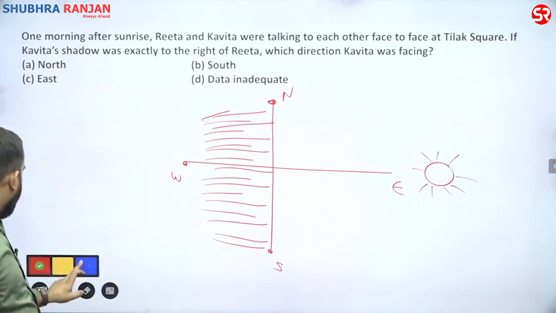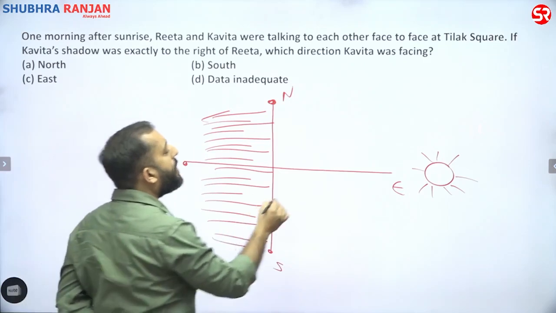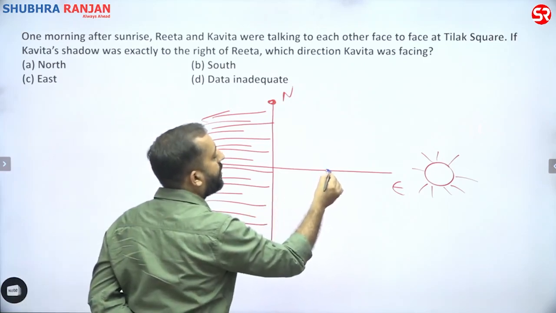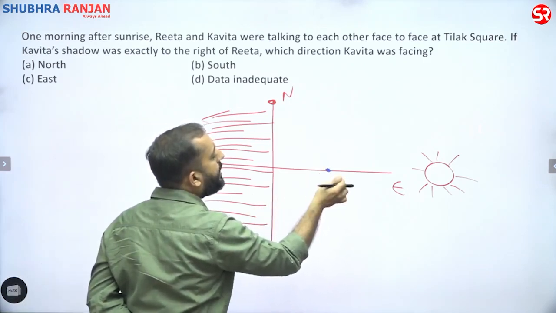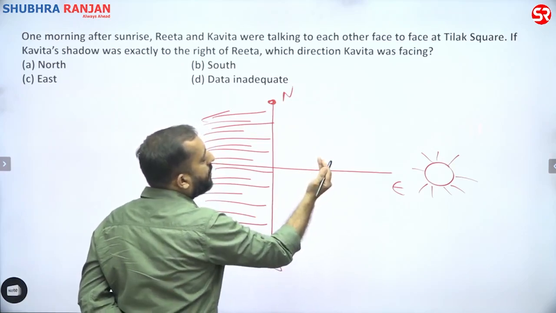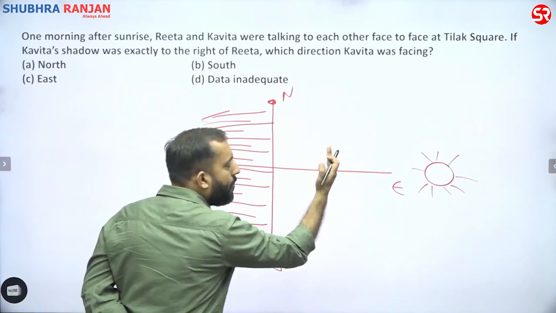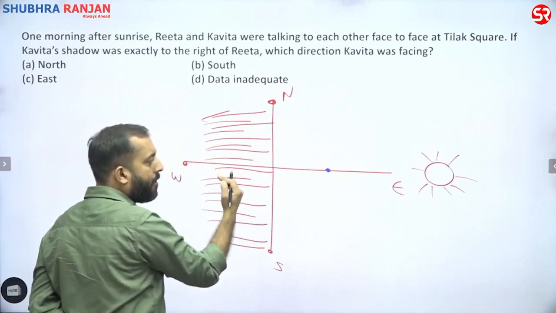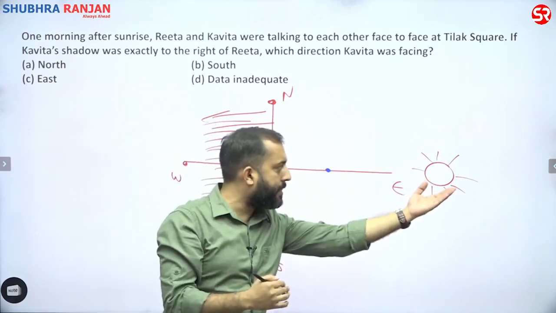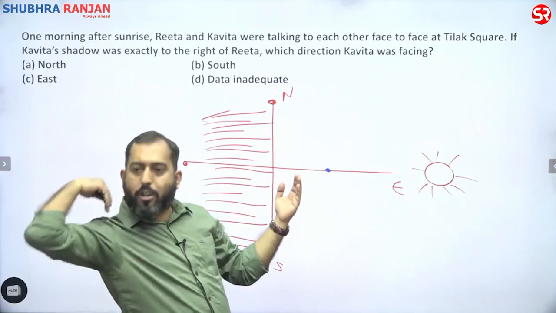Now suppose somebody is in the east direction, then there are two cases. Either his shadow will fall towards his back. If somebody is facing the east direction, then his shadow will fall towards his west.